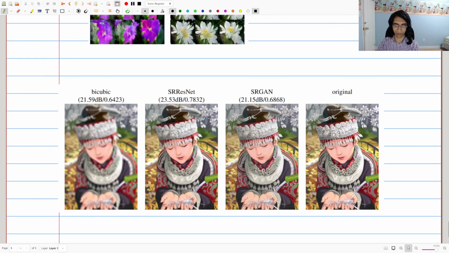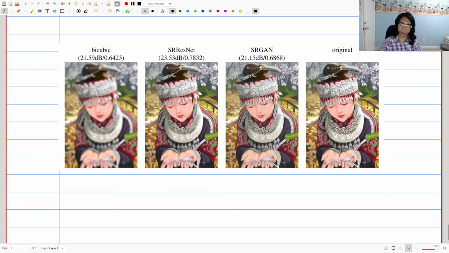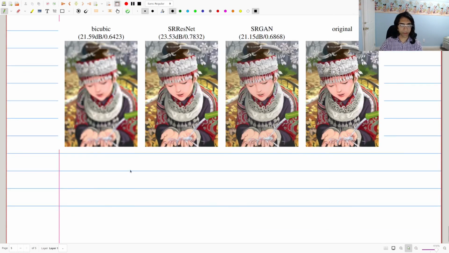So GANs are good at interpolating and really resizing images much better than other, more primitive methods which you may see.